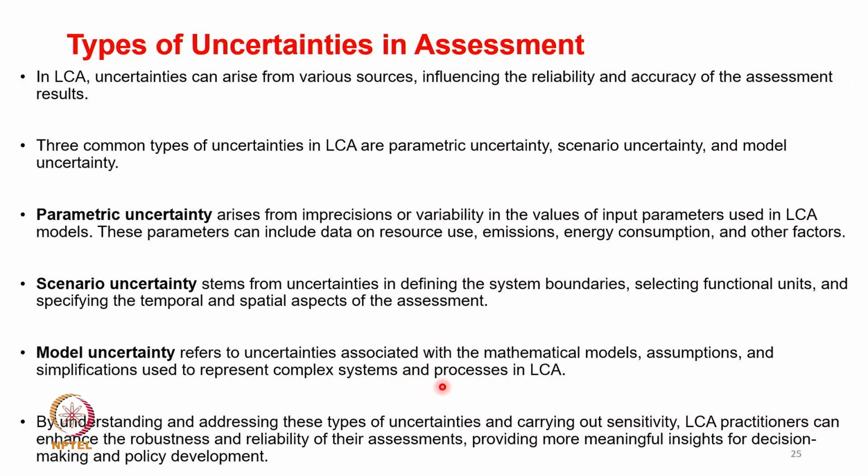And model uncertainty refers to the uncertainties associated with the mathematical models, assumptions and simplifications used to represent the complex system in LCA. So either it can be parametric or scenario or model.